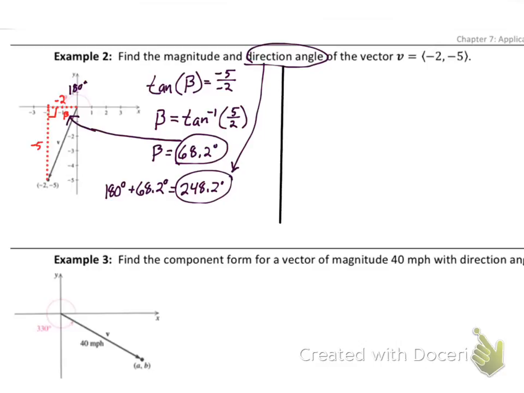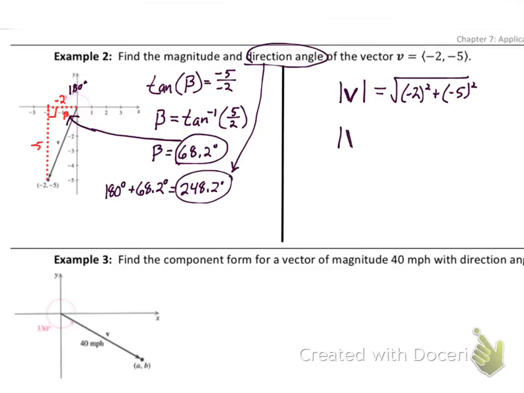All right, the only thing I have to do now is find the magnitude. Well, that's easy enough, because if I know my A and I know my B values, I can find my magnitude. Our magnitude, which we'll call magnitude of V, is just going to equal the square root of A squared plus B squared. So that's -2 squared plus -5 squared.